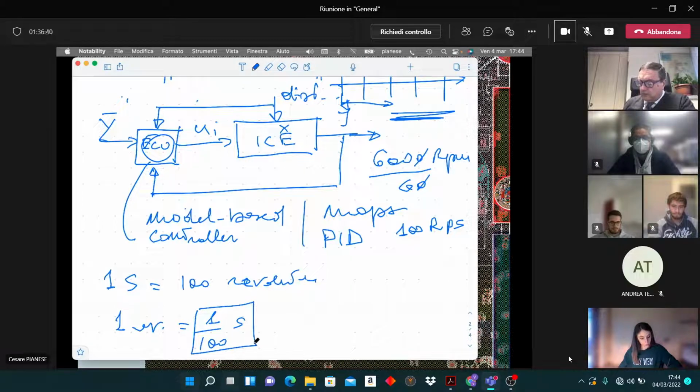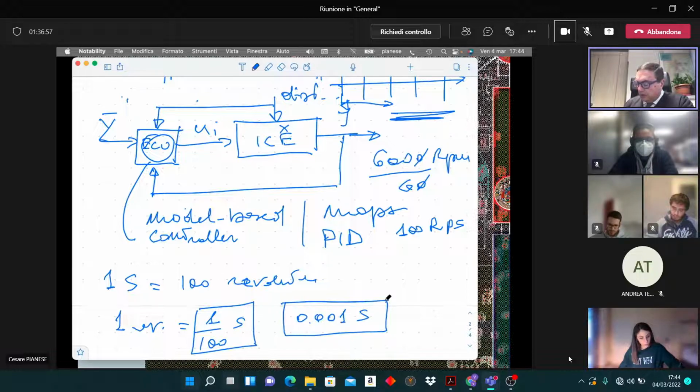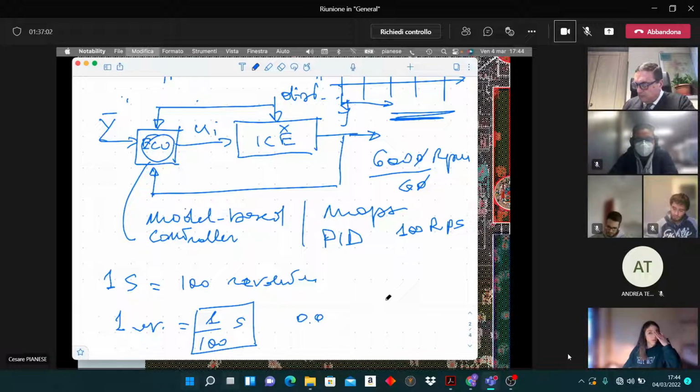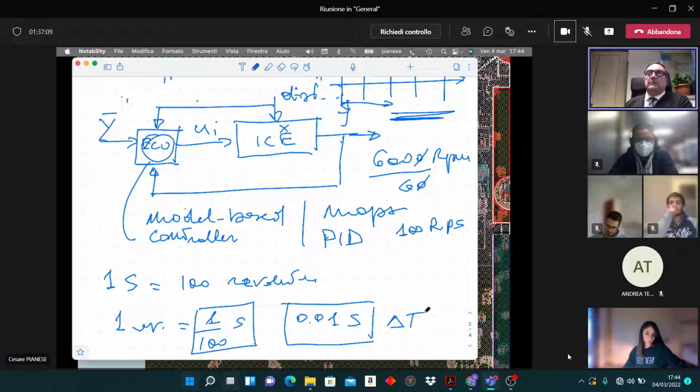So in this time interval you have 1 revolution.